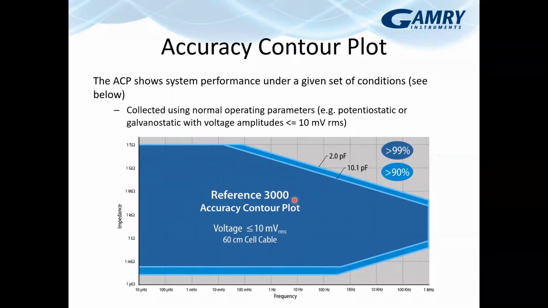For our systems, we use the actual cell cable and realistic, typical operating parameters for EIS. That is, we're using an RMS AC voltage of 10 millivolts or less. We are using potentiostatic control for the high impedance side, galvanostatic control for the low impedance side, and we are using the standard cell cable.